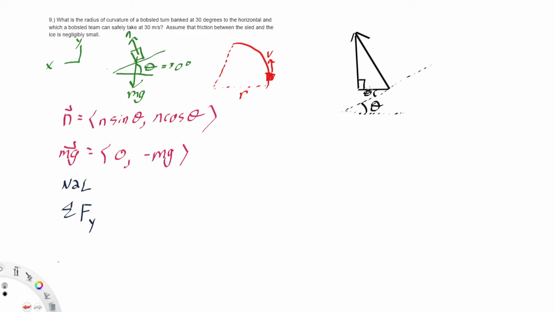And then if this is theta, this angle here has got to be 90 minus theta, because the surface of the ramp and the normal force make a 90-degree angle. And if that's 90 minus theta, then this top angle up here has to be theta. That means the y leg is actually adjacent to theta. So that's why we get N cosine theta for the y direction.